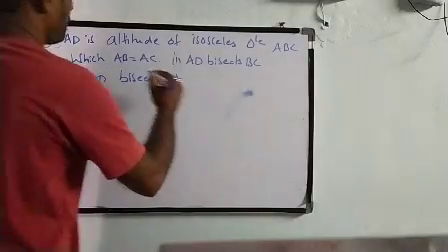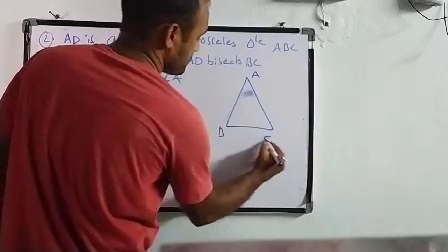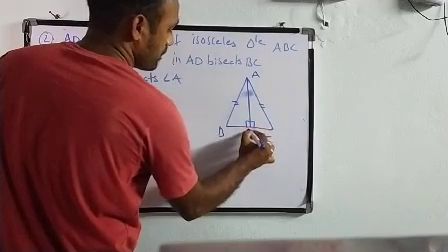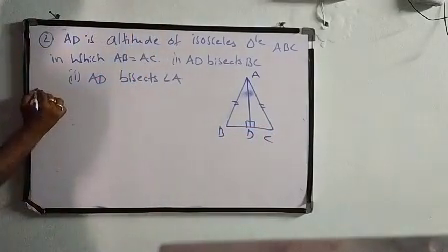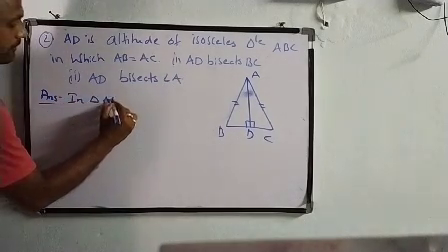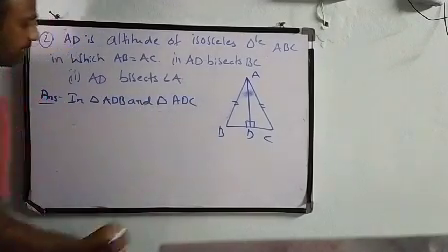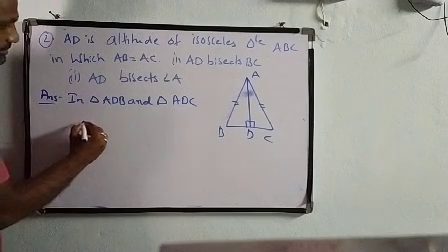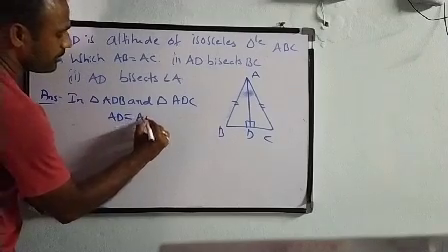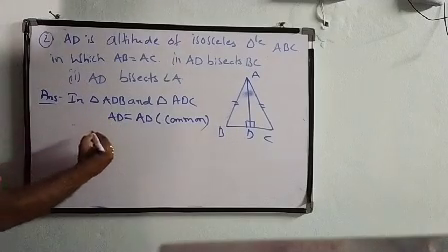Now let us start doing the proof. The figure is an isosceles triangle ABC in which AB equals AC and AD is altitude. Altitude will always be perpendicular. Now let us prove these two triangles are congruent. In triangle ADB and triangle ADC, AD is equal to AD, which is the common side.